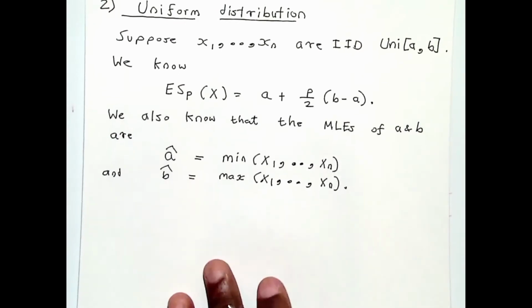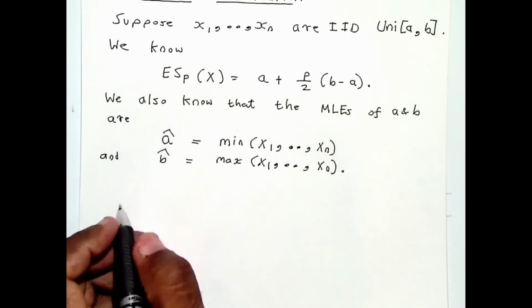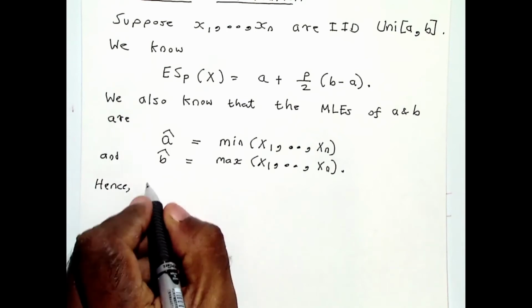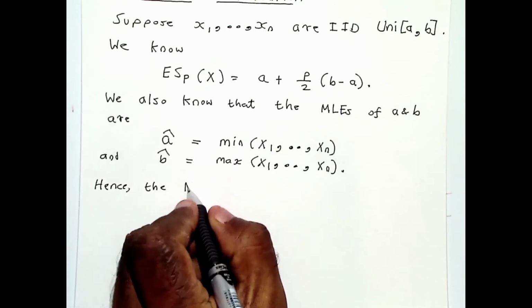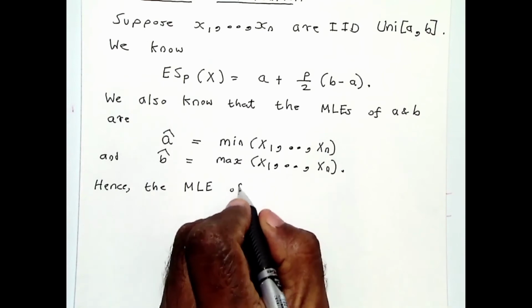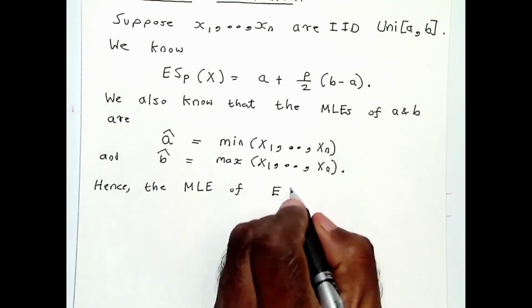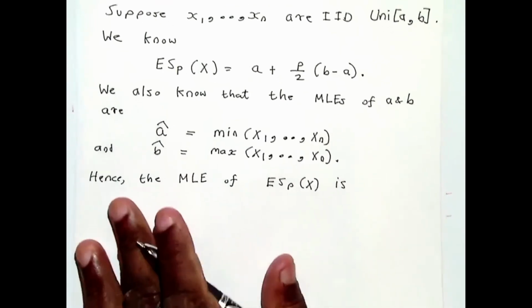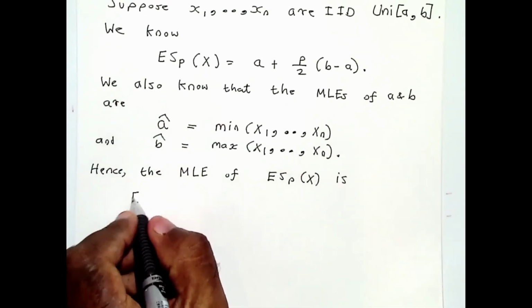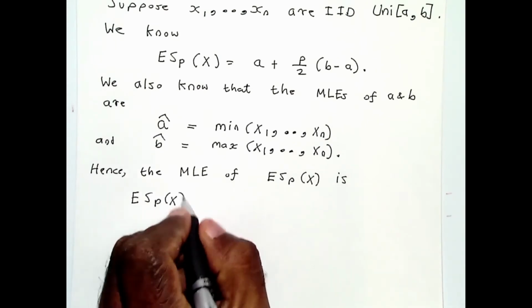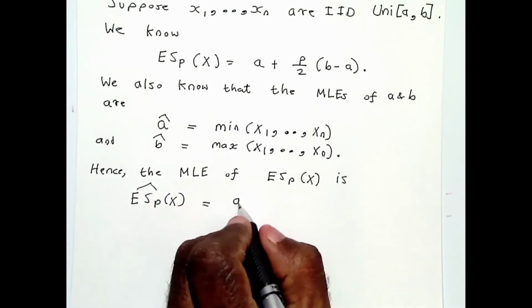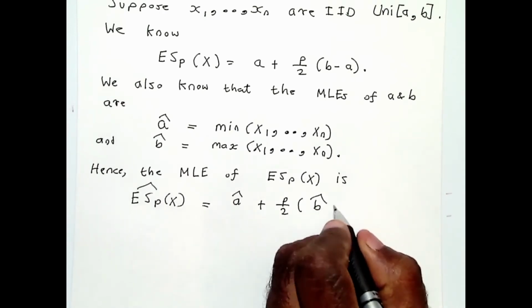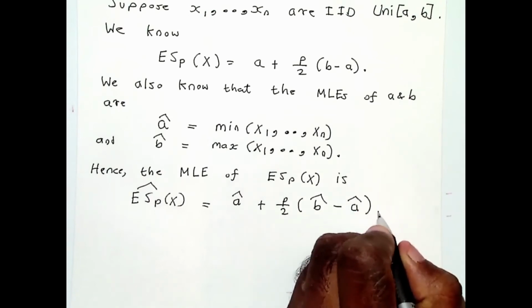Hence, the MLE for expected shortfall is simply the following, with A replaced by A hat and B replaced by B hat.